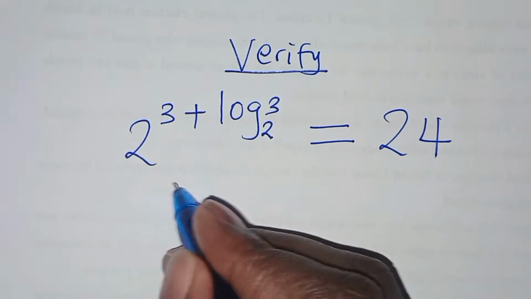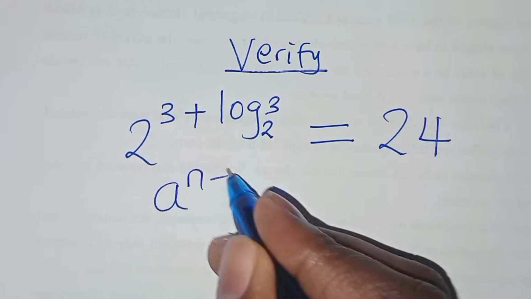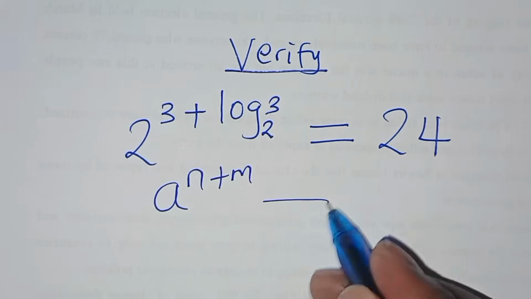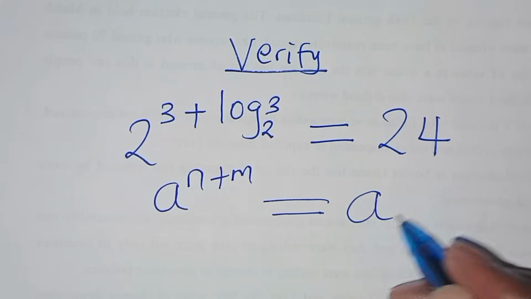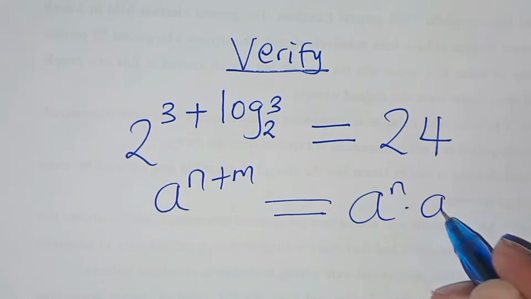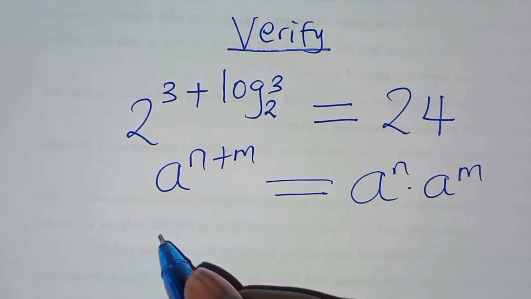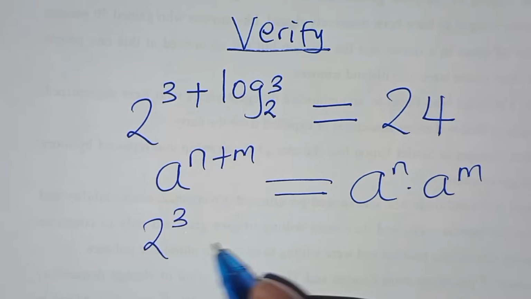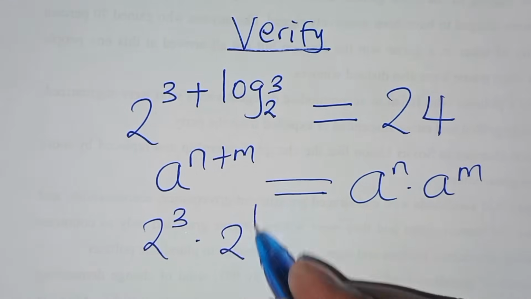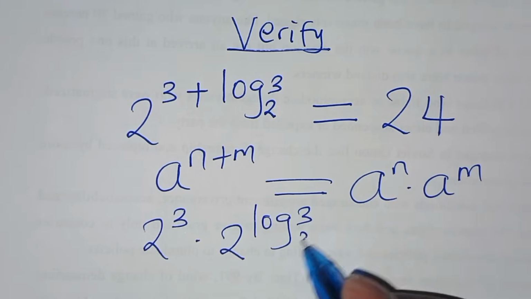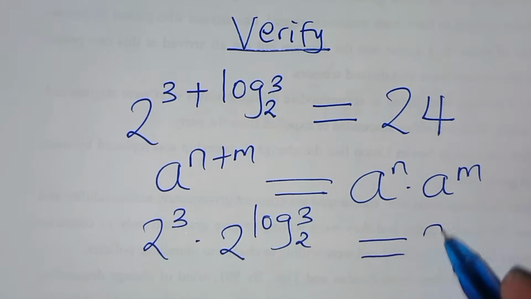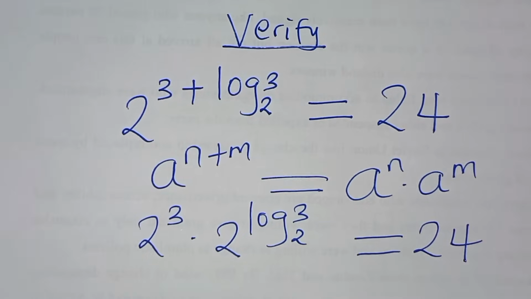Now here we have 2 to power 3 plus log 3 to base 2. This is in the form of a to power n plus m, which we can transform as a to power n times a to power m. So this is the same thing as 2 to power 3 multiplying by 2 to power log 3 to base 2. They should give us a value of 24.